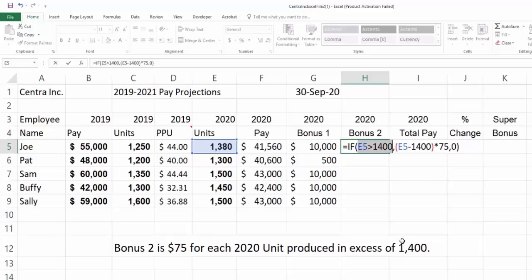It tells me right there. What's this? This is calculating the number of units in excess of 1,400 or above 1,400. And whatever that answer is, I multiply by 75. This is my bonus. And the rest just says, this is what everybody else is getting. So this is your homework. I want you to work on this one. This is an important one.